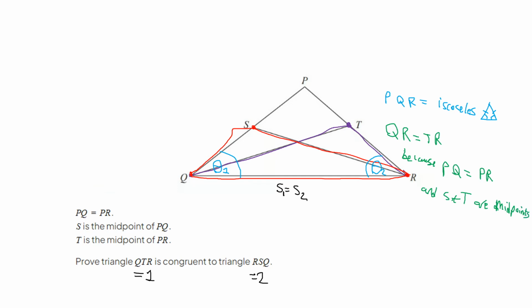Okay, so now we know that side 1 is equal to side 2, we know that theta 1 is equal to theta 2, and we're also told that these two are equal. So therefore they are congruent because of side, angle, side. And that is our final answer.